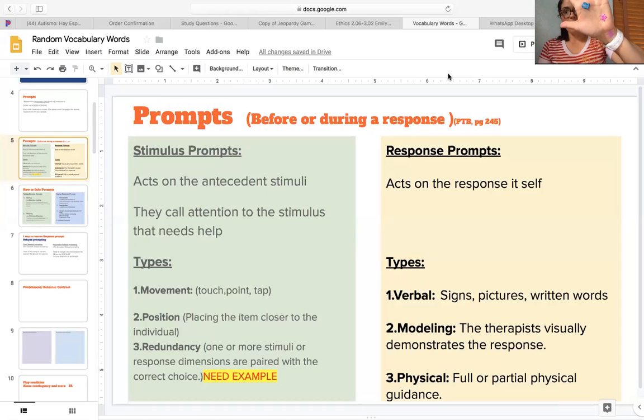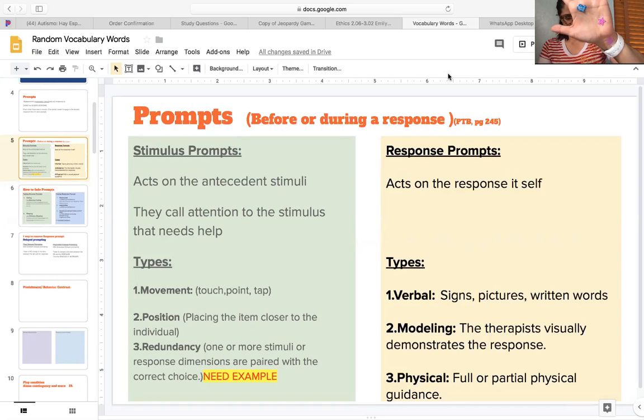Okay, so what type of prompt is that one? I'm gonna ask you, is it stimulus prompt or response prompt? It's a stimulus prompt. Which type of a stimulus prompt is it?